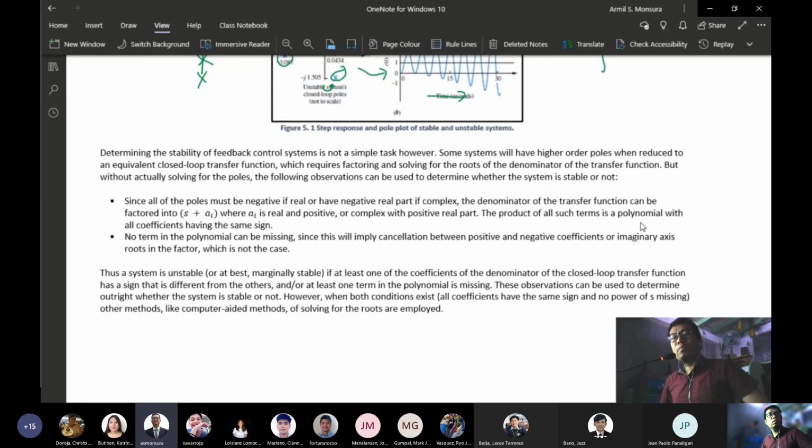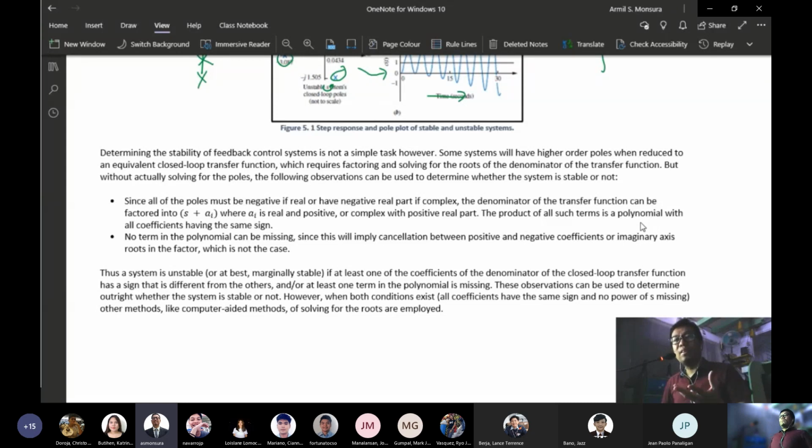So this is our motivation: even though we have a tool to compute for these poles, we still need to study another tool. We will study in the next lesson the Routh-Hurwitz criterion, which enables us to determine the state of stability of our system without actually computing for the location of the poles of our system.